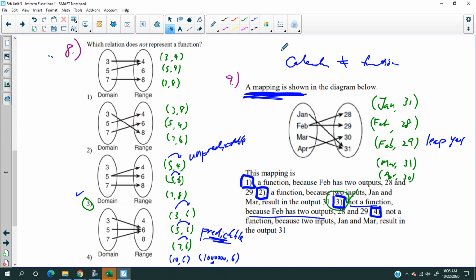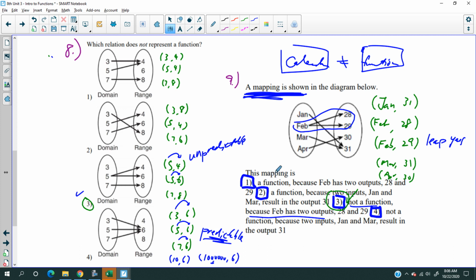A calendar is a calendar. It tells you the date and the day of the week. It doesn't owe anyone anything for it to be a machine. It's not a function. So in the strictest definition of a function, this is not a function because of this.